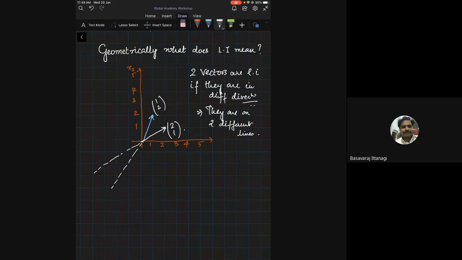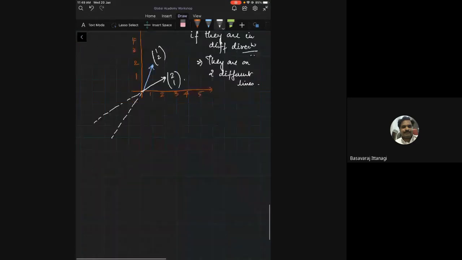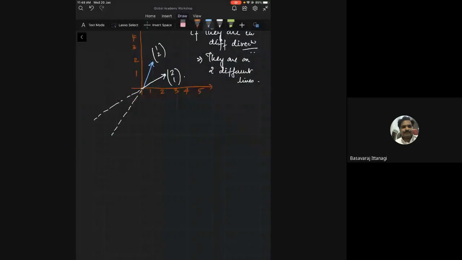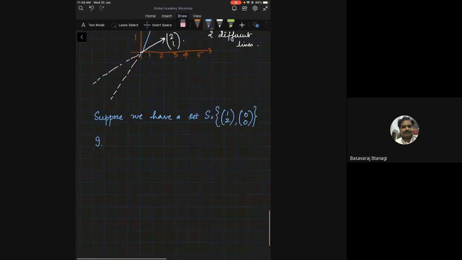Now I'm going to ask a question. Suppose we have a set S equal to {(1, 2), (0, 0)}. Is the set linearly independent? No. Why?